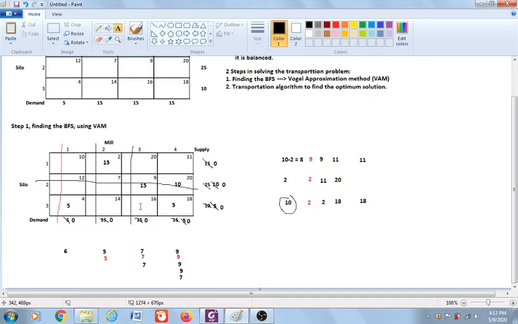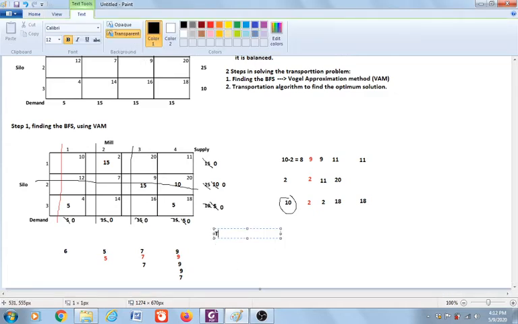So I have 2 zeros over here, then I need to choose which one that I need to cross out. So this is very important. So the number of BFS that we need to have is number of rows plus number of columns minus 1.